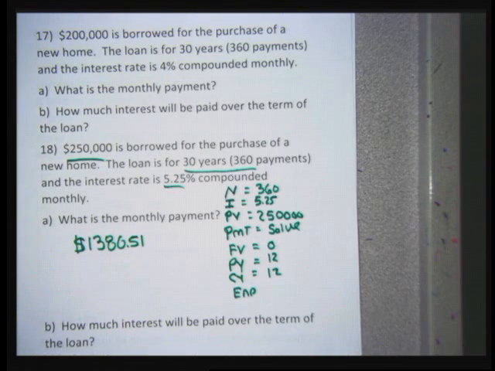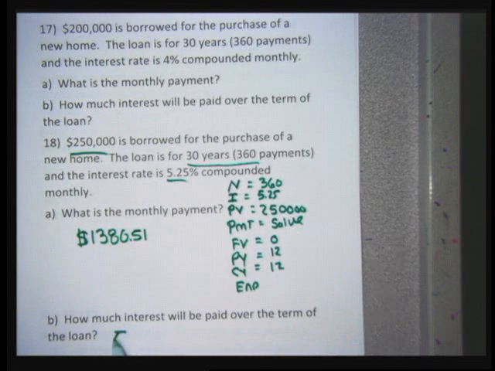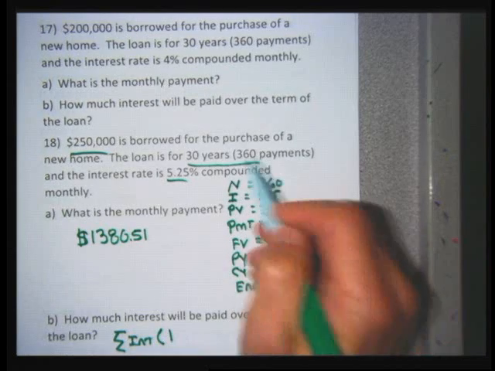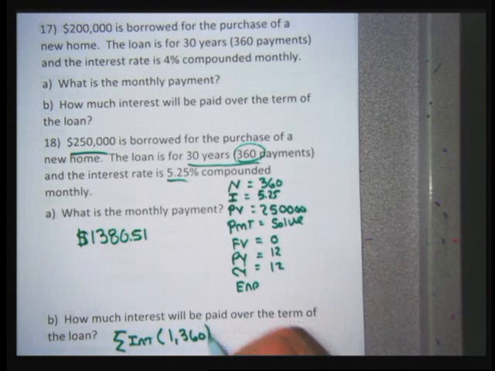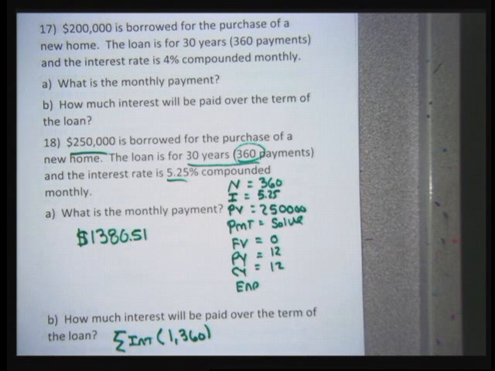And then for part B, I'm going to do sum of interest, starting with the first payment, ending with the last payment, which is the 360th payment. So I'm going to do sum of interest 1 comma 360. It's going to be shocking. It's a $250,000 loan. It's probably going to be more than $250,000 worth of interest.